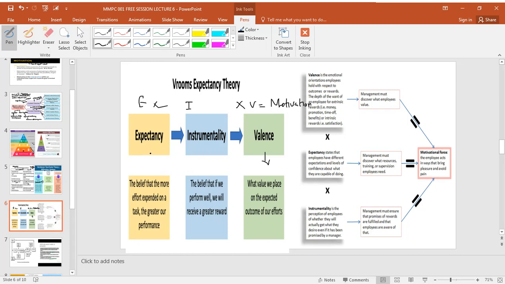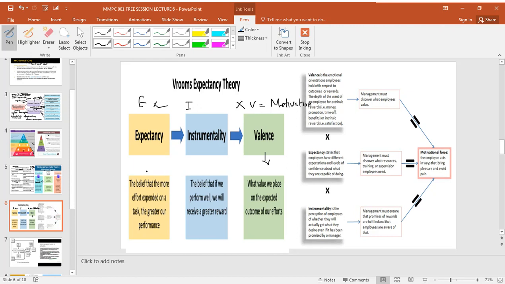Now comes expectancy. What do you mean by expectancy? It is a belief that the more effort expended on a task, the greater our performance. If I am putting in much effort to perform a job, that can lead to my better performance.